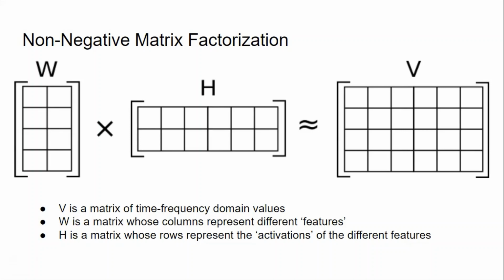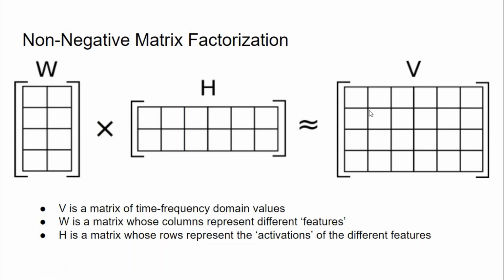So let's say you have a signal that's just A's and B's, like the musical notes. Column 1 would be the frequencies associated with an A, and column 2 would be the frequencies associated with the B. So that's how those are activated. And then the H matrix has rows that play out how intensely those frequencies, or these columns in W, show up in the signal as a function of time.